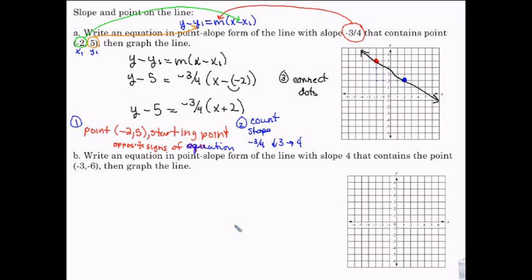So let's try another one. We'll call this x1, y1. So I'm going to have y minus negative 6 is equal to 4 times x minus negative 3. These are happy, so they're positive.